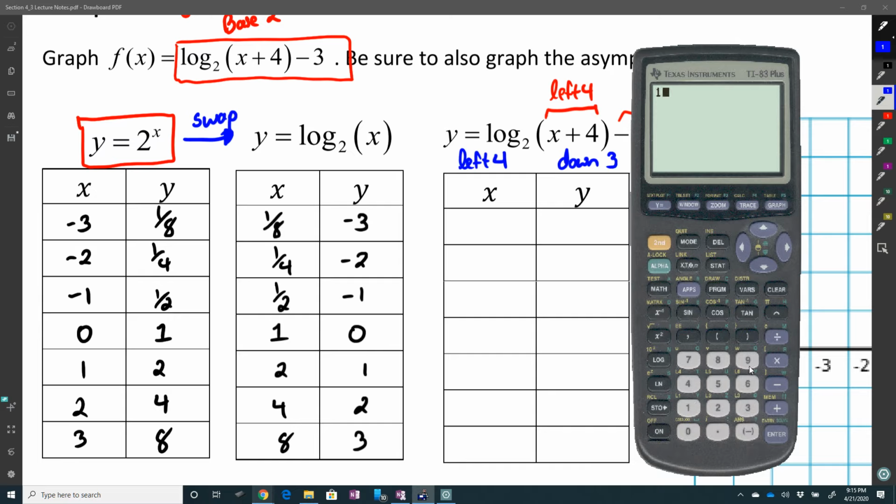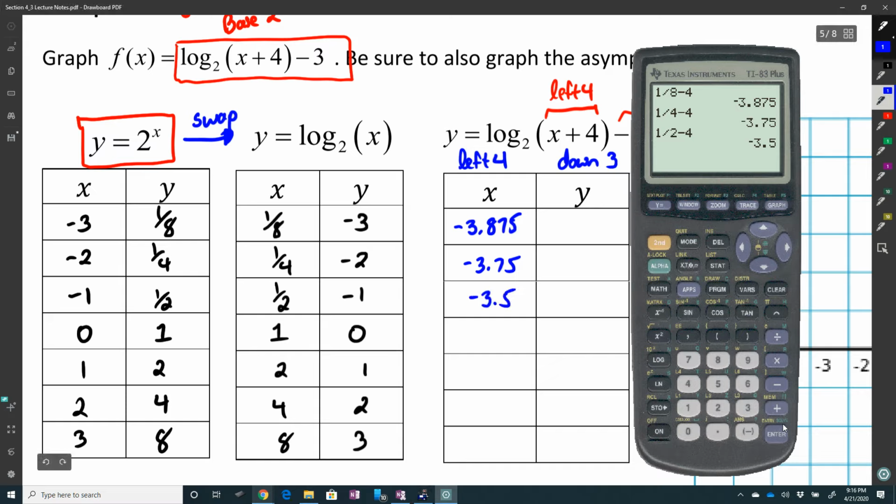So 1/8 minus 4, -3.875. 1/4 minus 4, -3.75. 1/2 minus 4, and you probably know these answers off your head. I'm just kind of working them out.